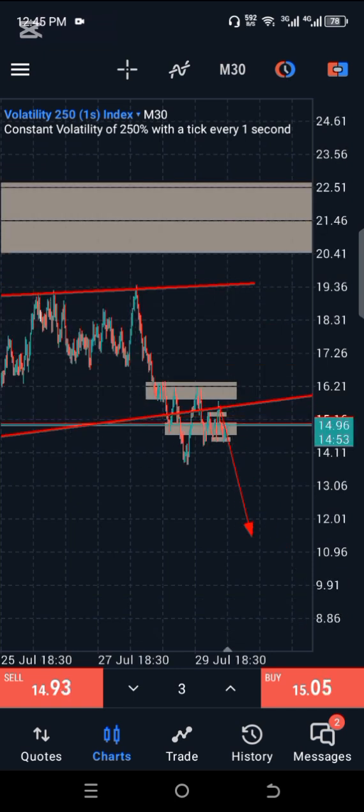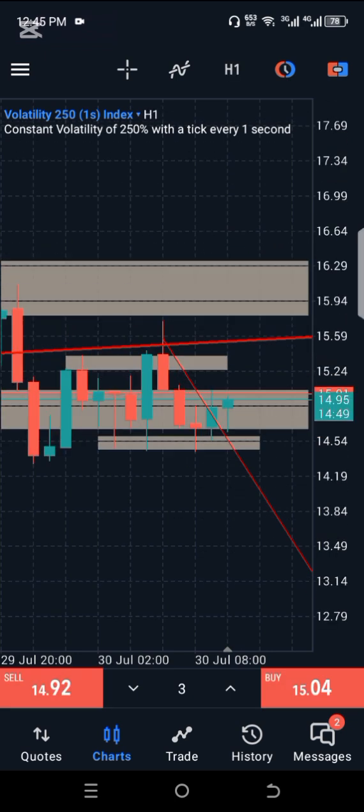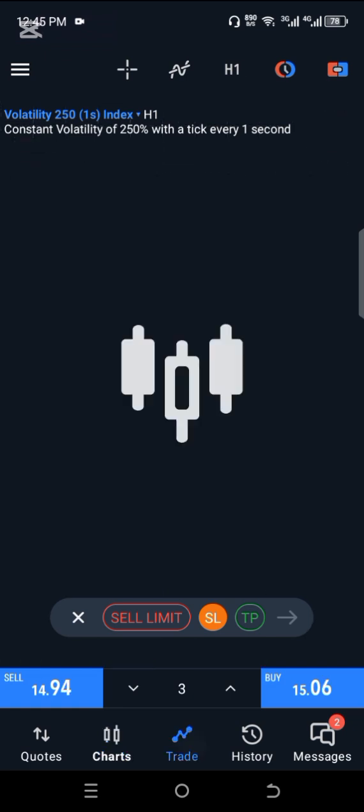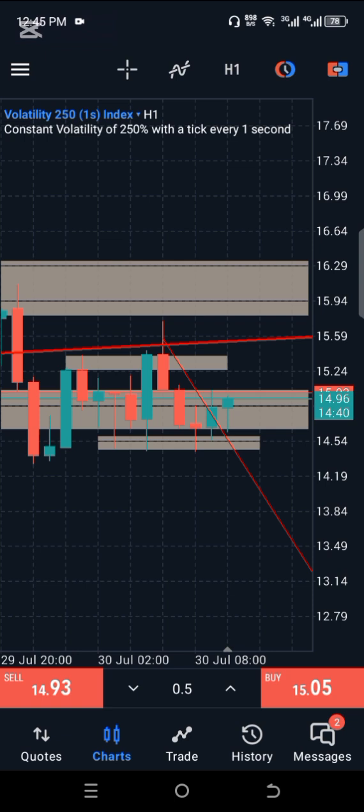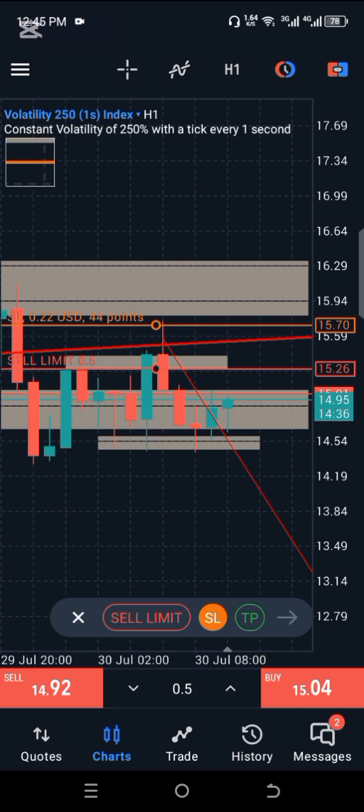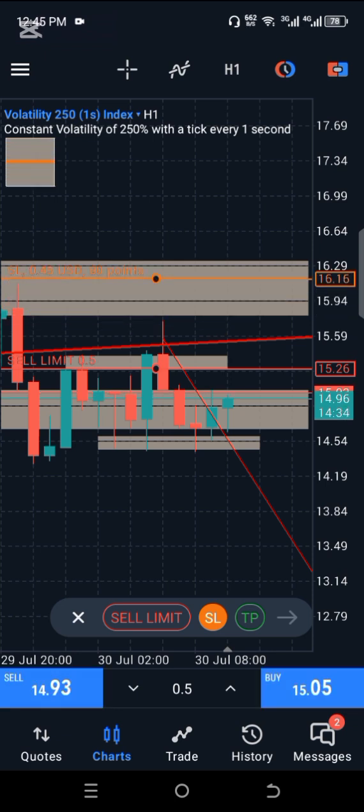Let's change the time frame. I want you all to see how much I'm going to be risking here. So if I place my order here, the account is at like 231. Place my order here, go 3.